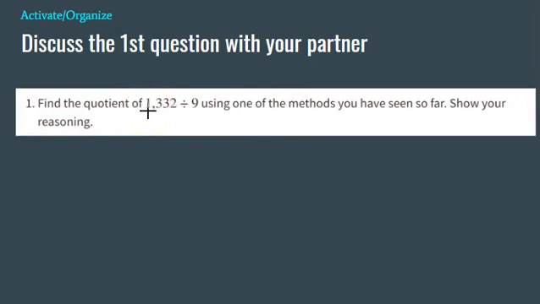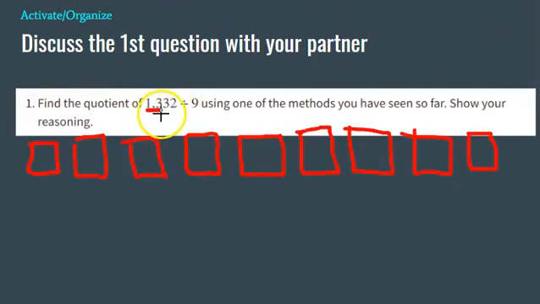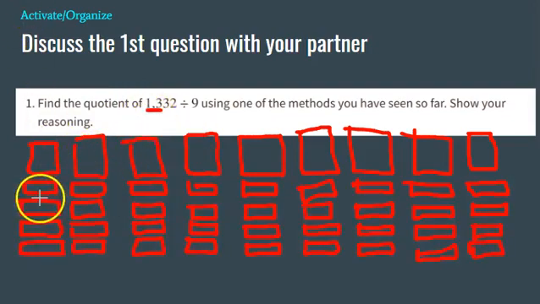We can't break 1,000 into 9 equal groups, but we can break up 13 groups of 100 into equal groups, right? So you end up with one of those in each group. Now you've got 400 left over, right? Well, those 400s have to get broken down into tens. So now we have 43 tens, right? Because if we take the 9 out of there, we have 43. So now again, that gave us four groups of 10 in each one.